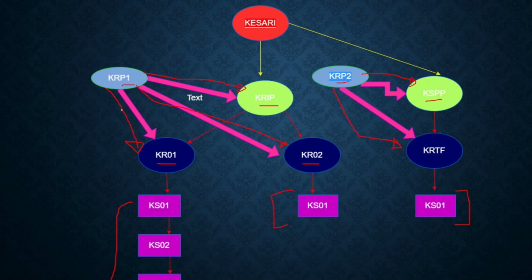Here just focus on this KRP1. That's a cross plant purchase organization. You can observe from here itself that this is assigned with this plant, and at the same time it's also assigned with this plant. So we can simply say KRP1 is a cross plant purchase organization, right?